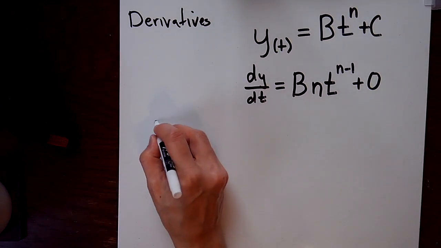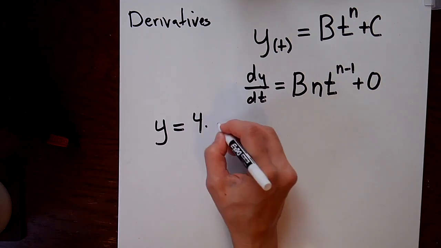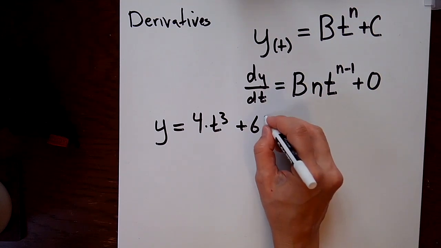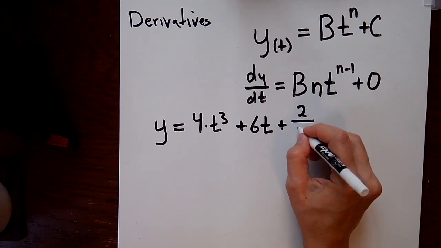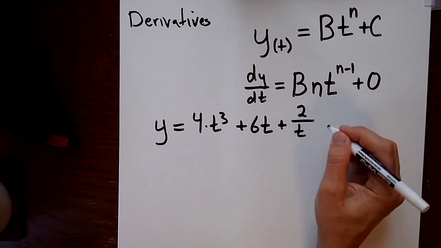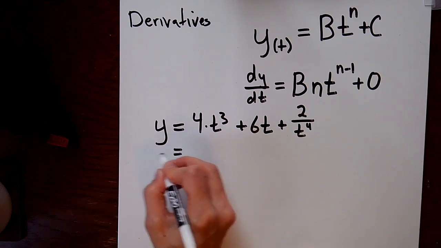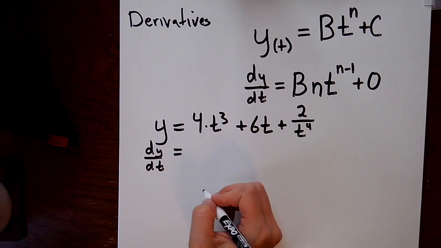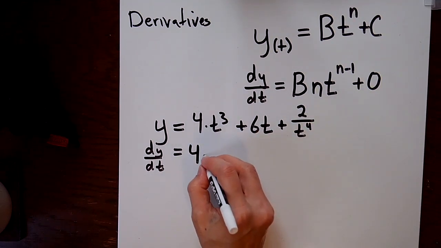Say y is equal to 4 times t to the third plus 6 times t plus 2 over t to the fourth, let's say. Okay, so now we're going to take the derivative of this equation y with respect to t. So the 4, just like the b, it stays.